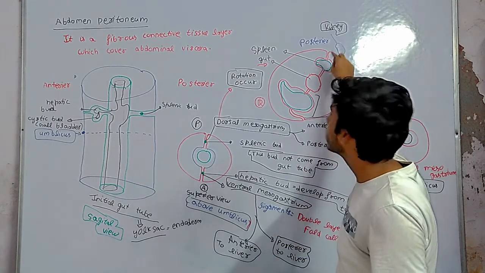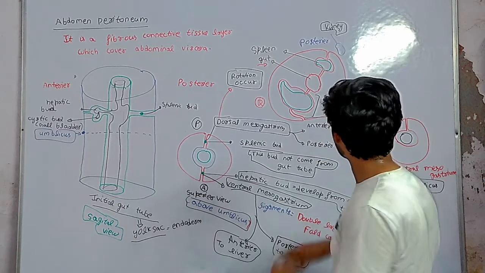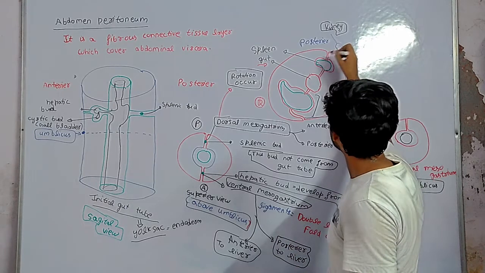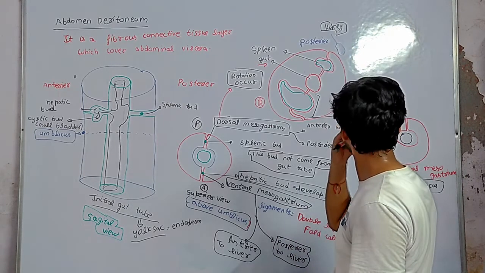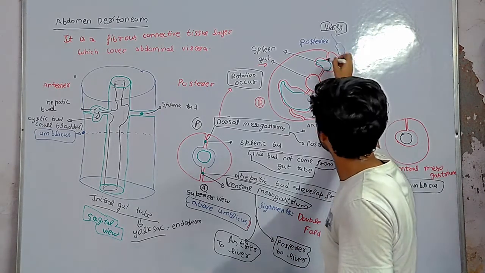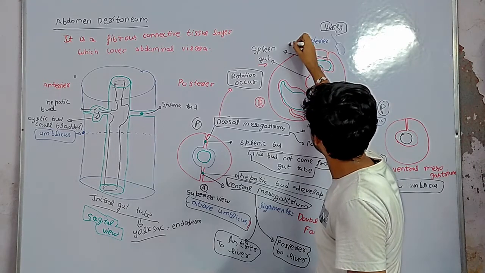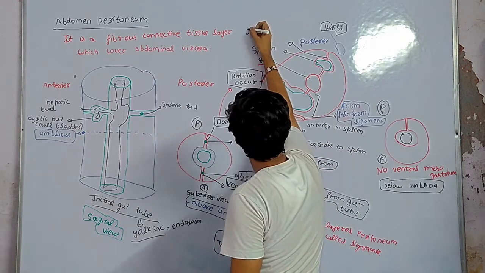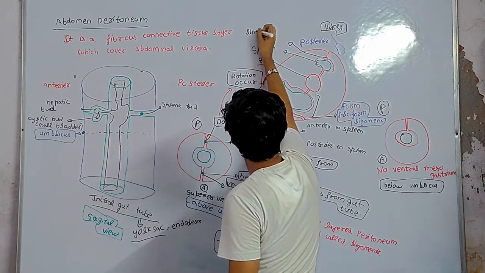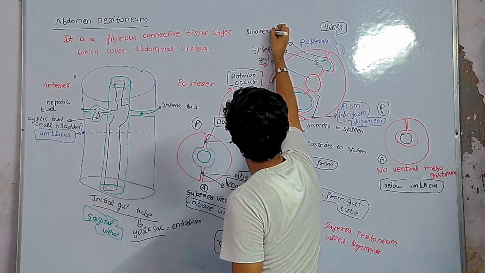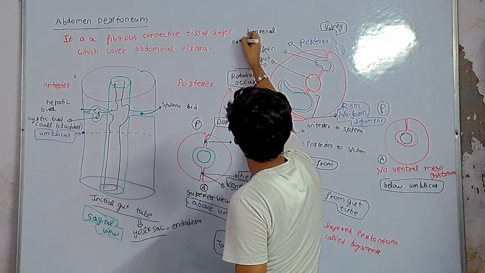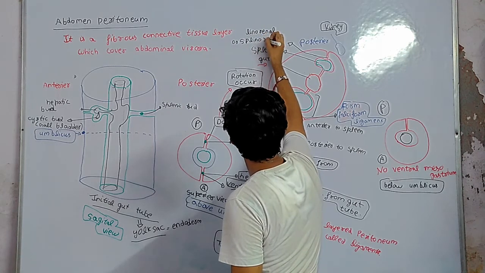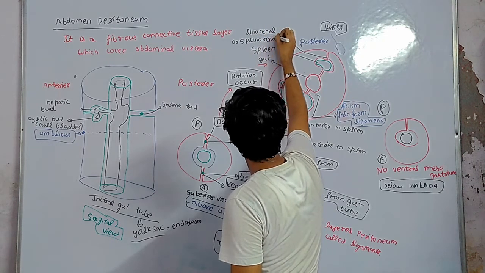The posterior part of the dorsal mesogastrium forms a ligament, the lienorenal or splenorenal ligament.